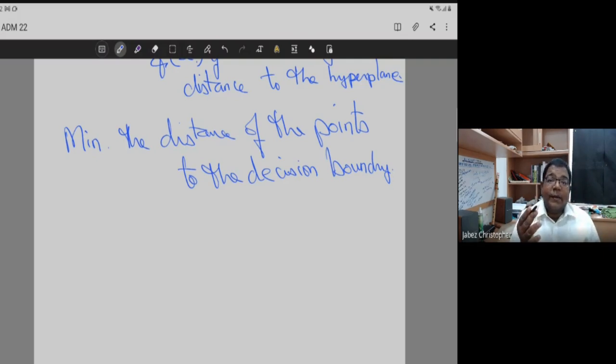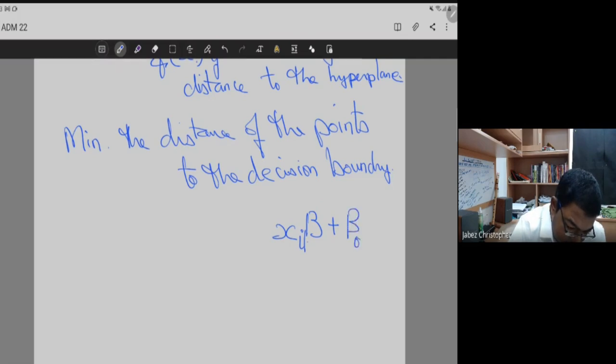So what do I mean by the signed distance? If f of x is negative, then that is xi beta transpose plus beta naught.